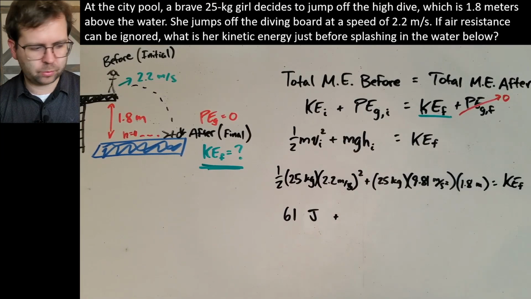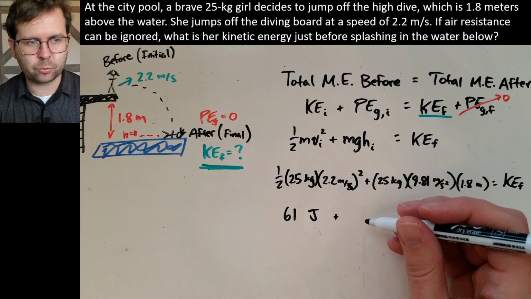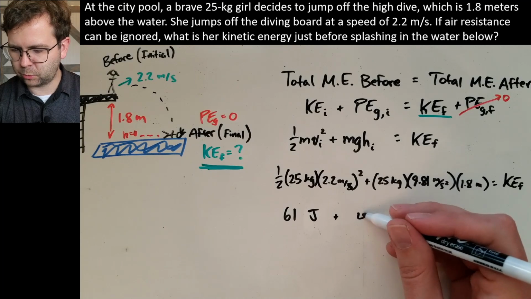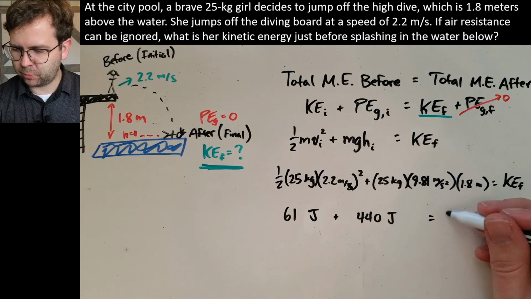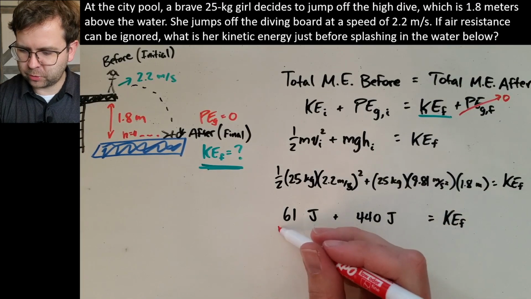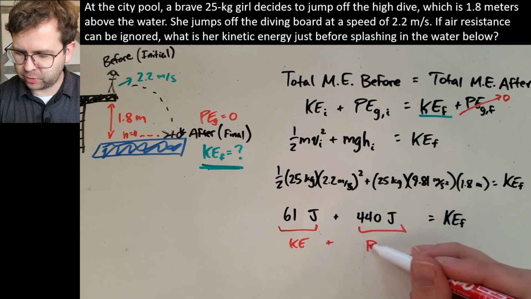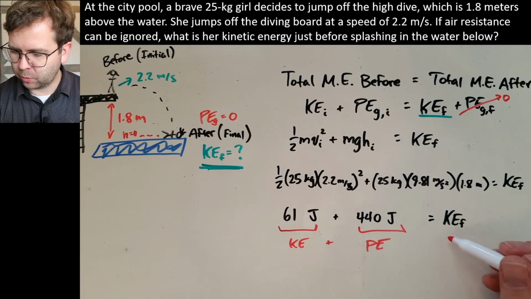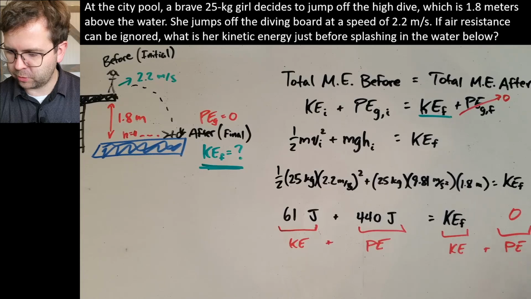All right, and then plus, we have 25 times 9.81 times 1.8, which is 440 joules. And that's going to equal the final kinetic energy. So what does this tell us? This was the initial kinetic energy, and this was the initial potential energy. And that's going to equal the final kinetic energy plus the final potential energy, but that's not there because it was 0.